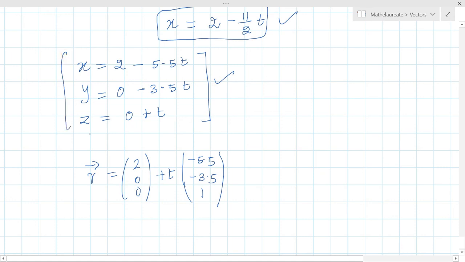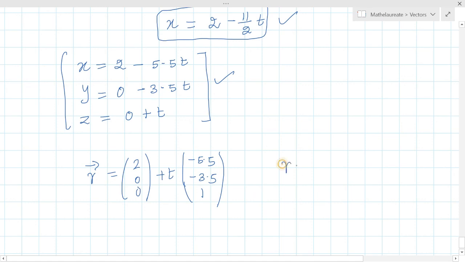This also you can write as xyz, you can make it as r vector, and this 2, 0, 1 is the point component plus t times the direction components, which are minus 5.5, minus 3.5 and 1.